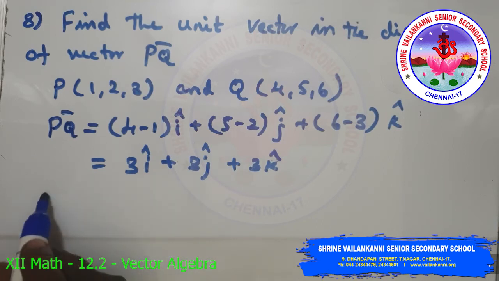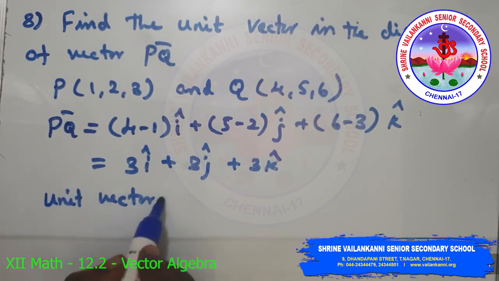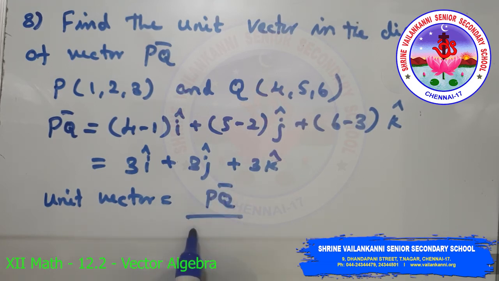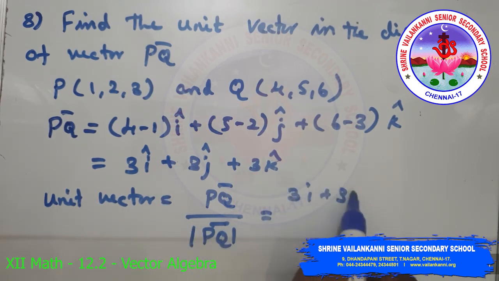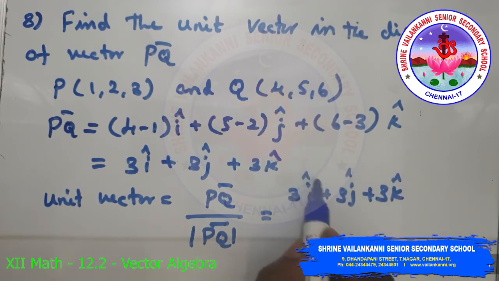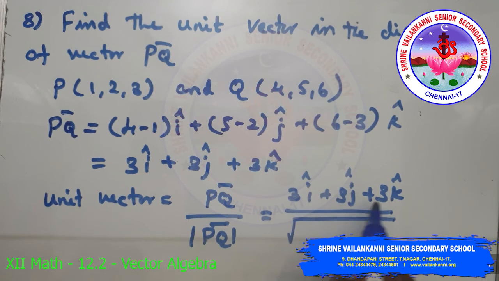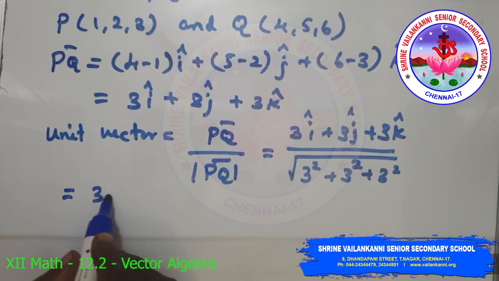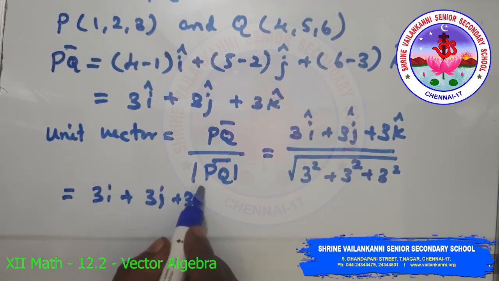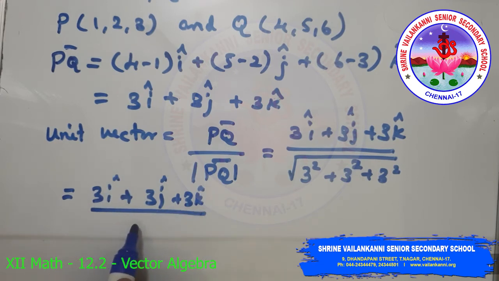Then the unit vector in the direction of PQ is equal to PQ vector by magnitude of PQ, which is (3i plus 3j plus 3k) by the square root of 3 square plus 3 square plus 3 square, which is root 27, which is 3 root 3.